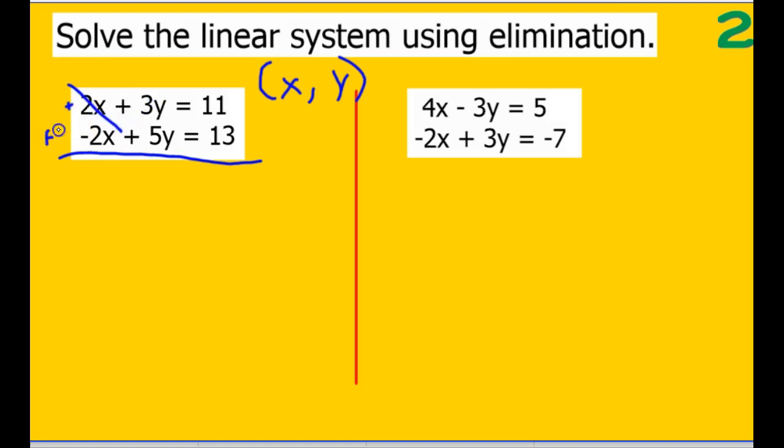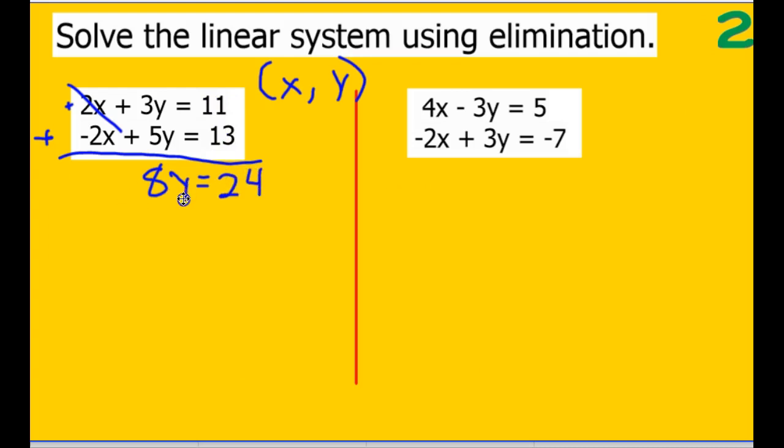And this means now we're going to add our other variables. So we're basically combining our terms. 3y plus 5y gives us 8y. Then we're adding still, so we have to add our 11 plus 13. 11 plus 13 gives us 24.